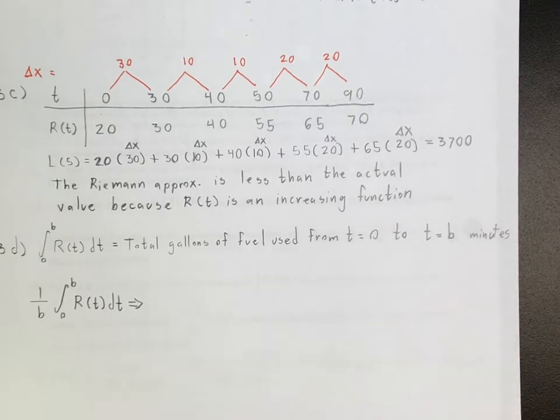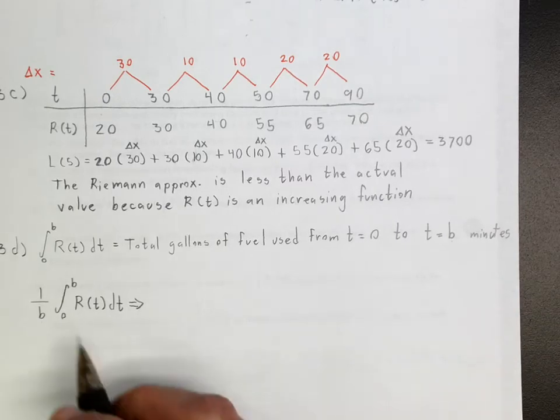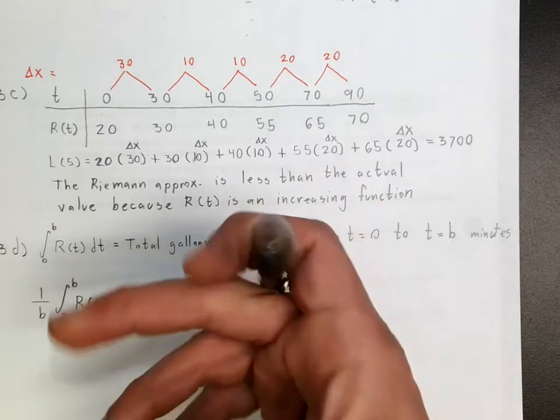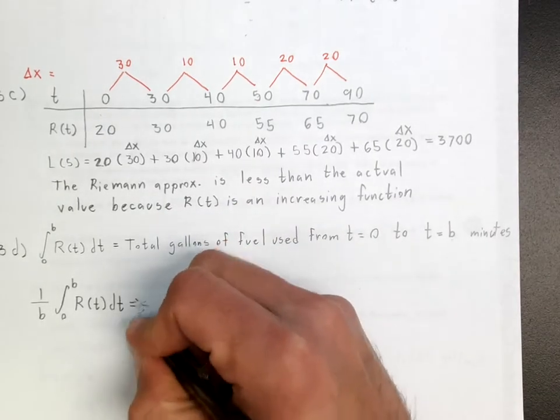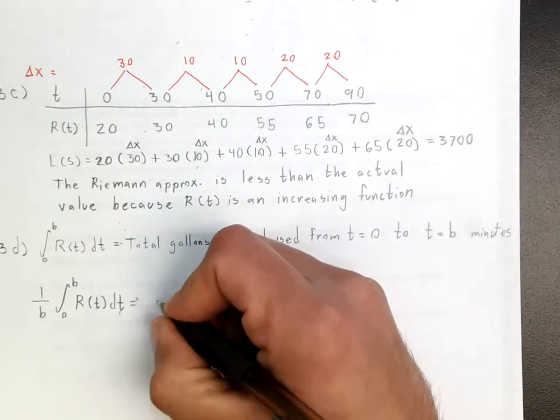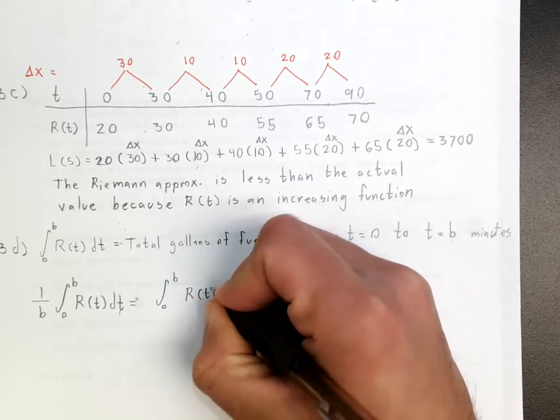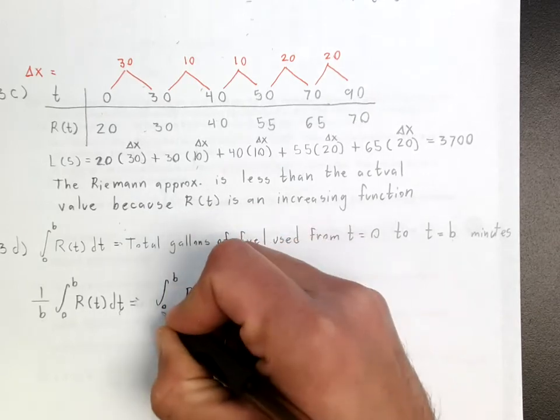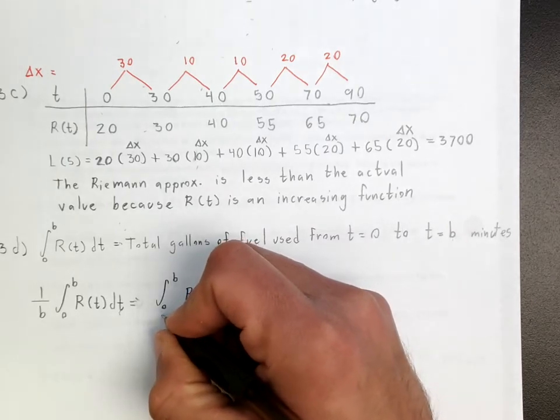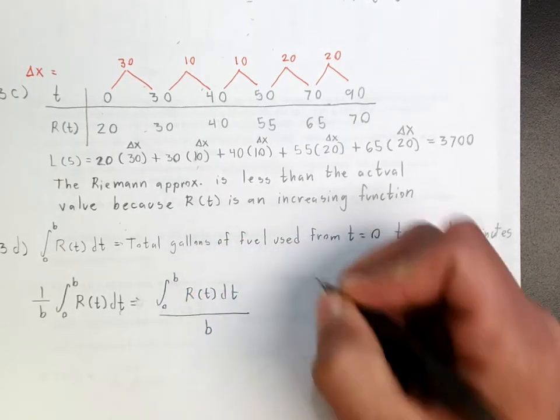The next one is a little bit different, because notice that this is the same thing, by the way, as writing this over b.